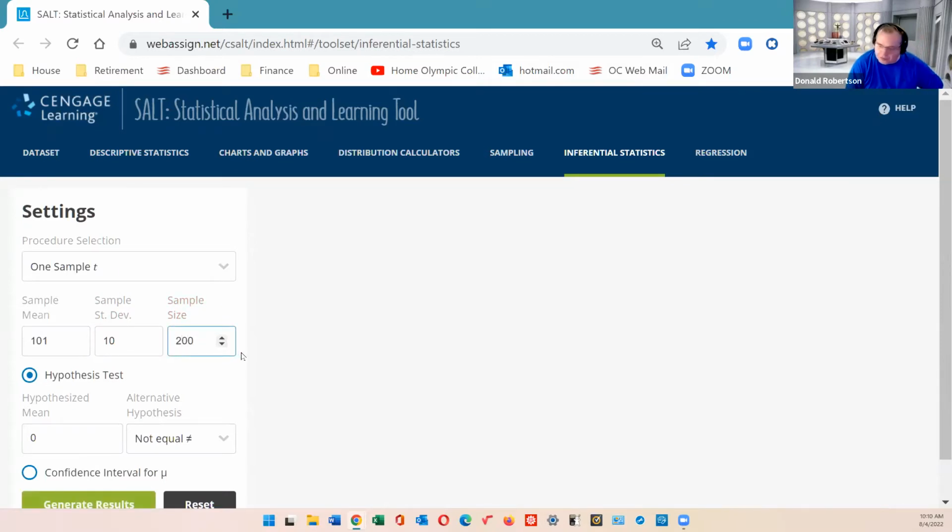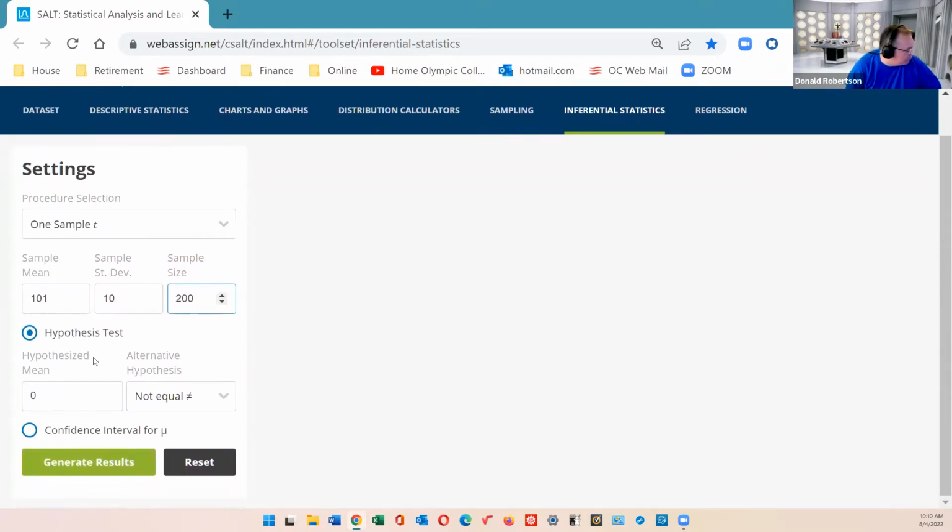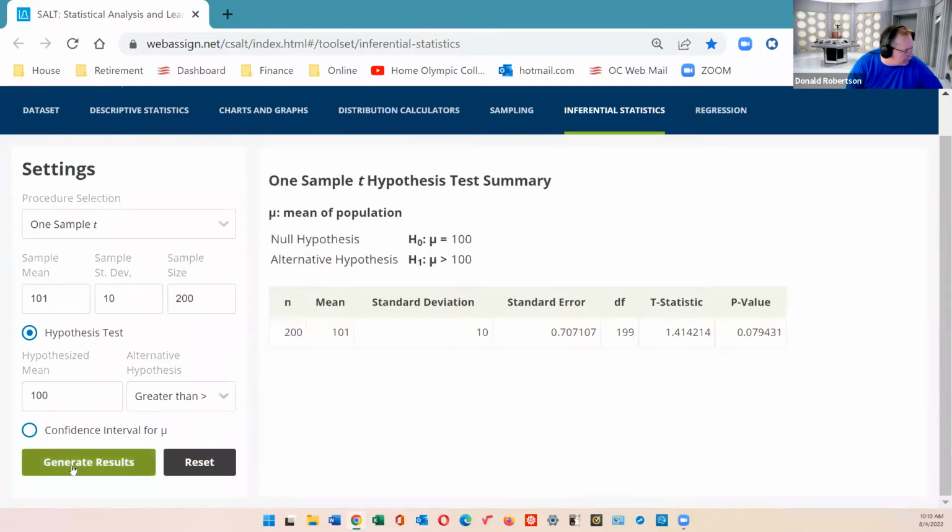Then we scroll down to the hypothesis test, where the population used to be an average of 100, and we're trying to see, is it greater than? Now we generate the results, and there is your p-value. Do you see it at the end, 0.079?